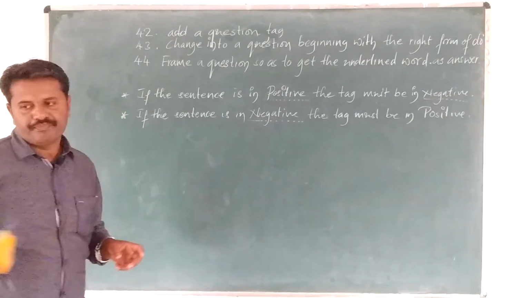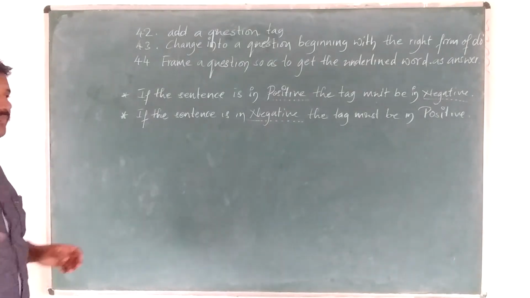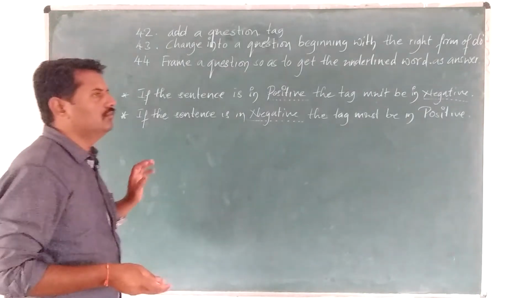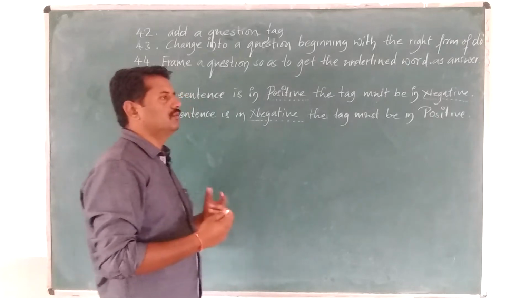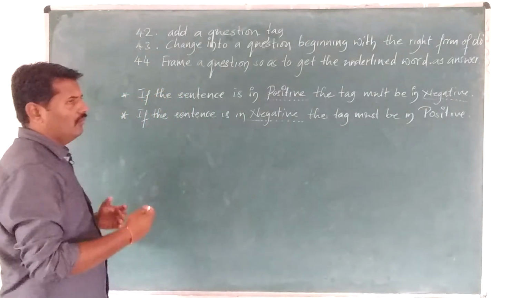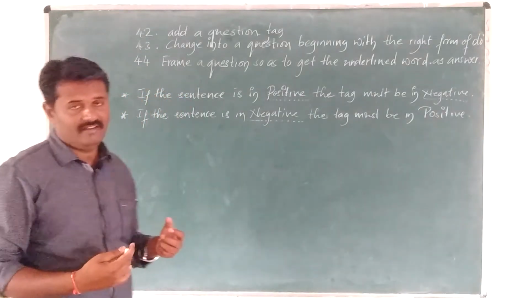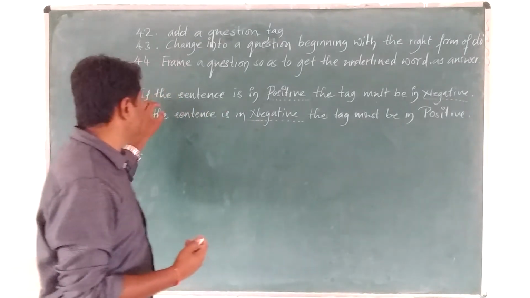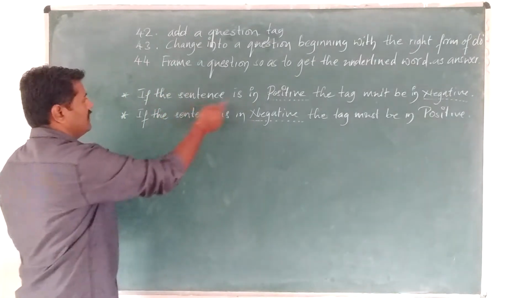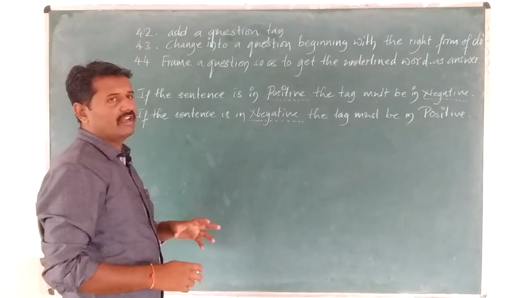So now the rules. How to write the rules, how to add the formation of tags. Okay. So first condition: if the sentence is in positive, the tag must be in negative.